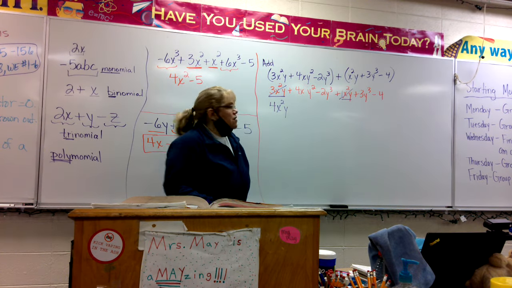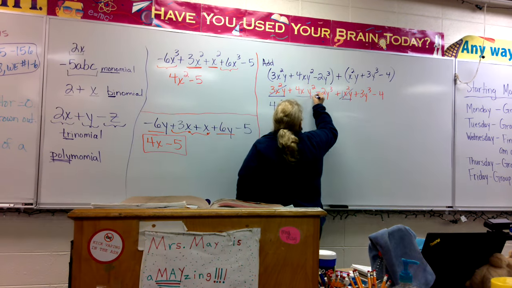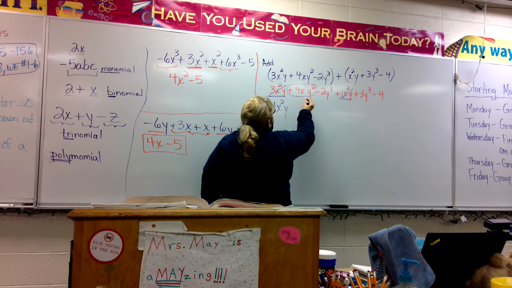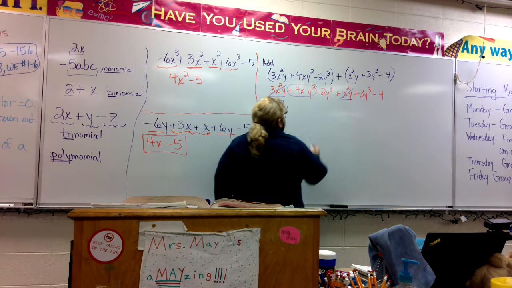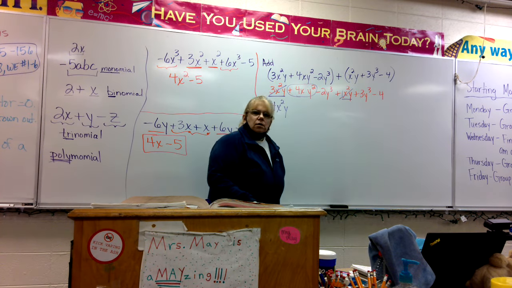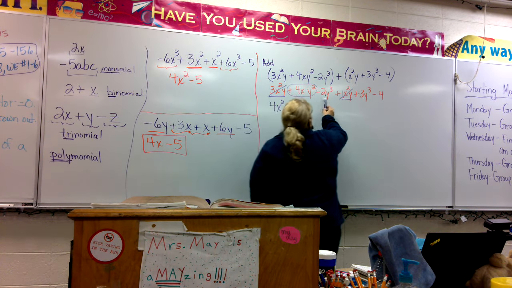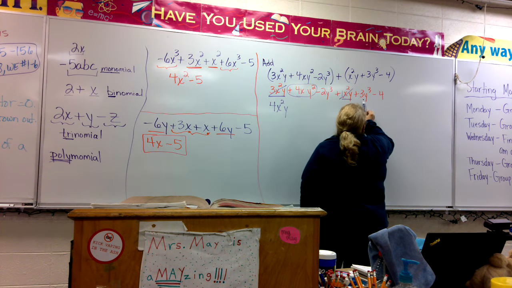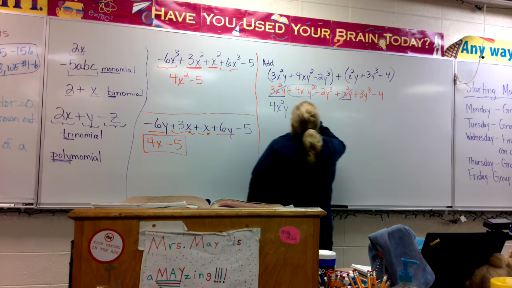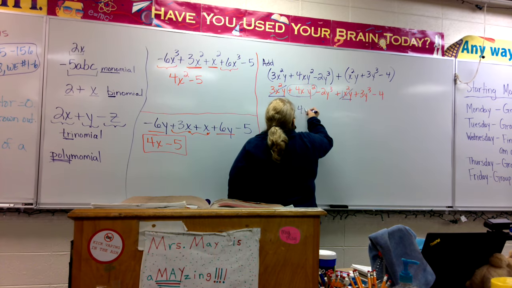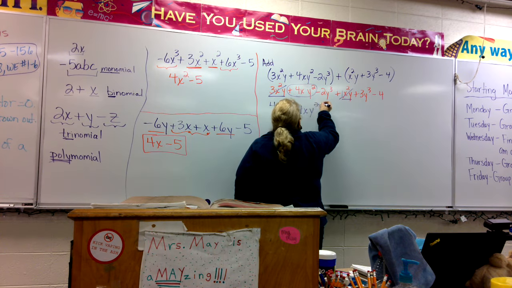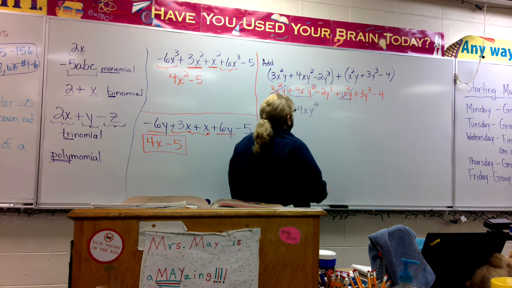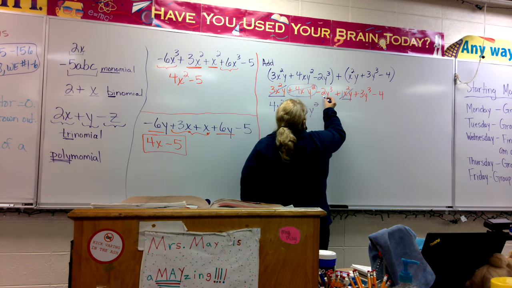And then I just move on down the line. Do I have any more with an x to the first and a y squared? Move on down the line. X to the first, y squared. Nope, nope, nope. So guess what? Nothing to put with it. Y to the third.